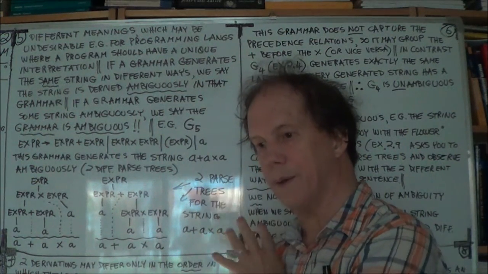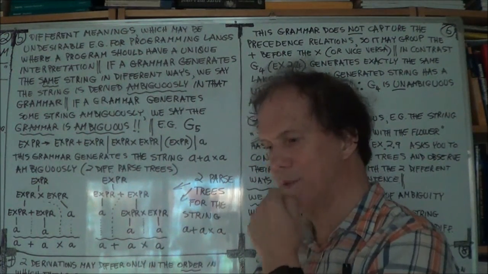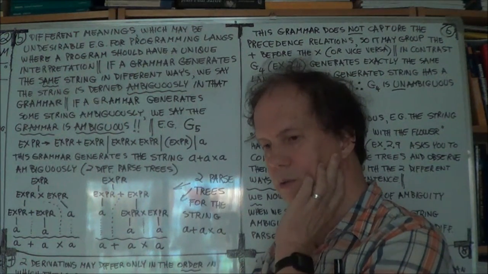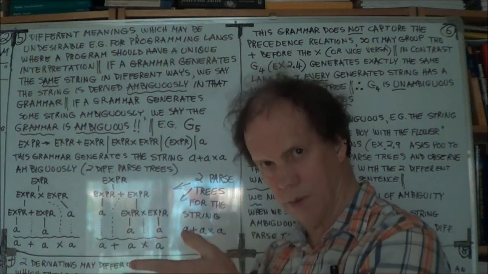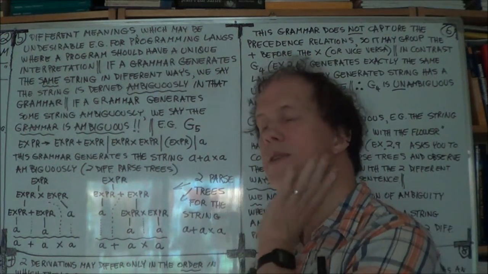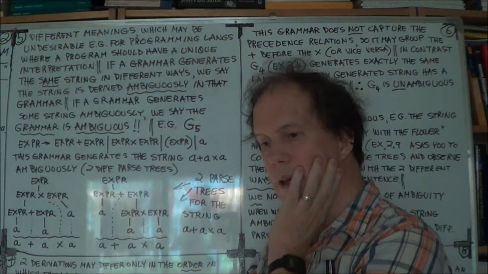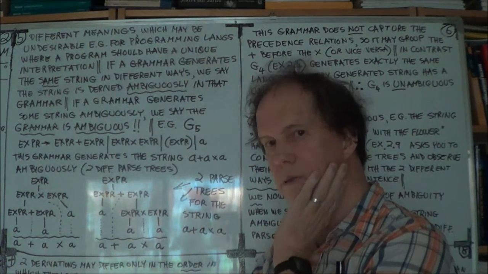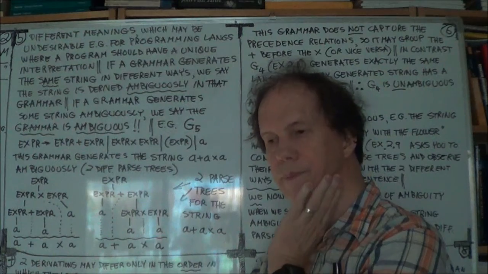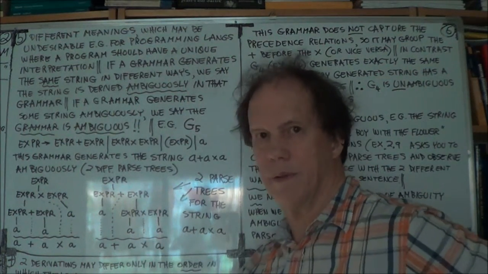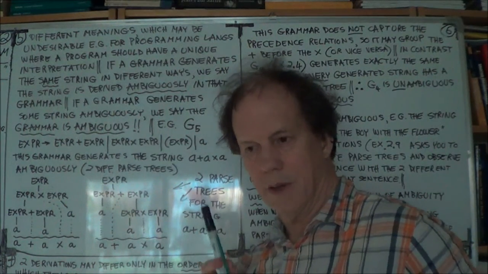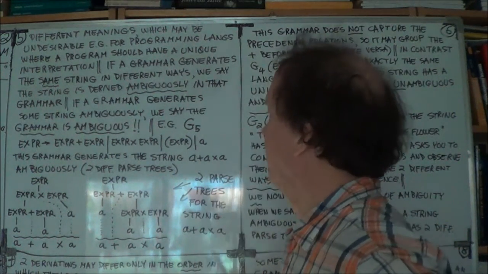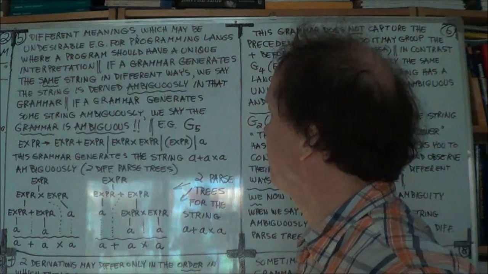So if the situation of ambiguity arises, in other words, same string, two parse trees, and that ambiguity is generated by a grammar, that grammar is said to be ambiguous. So you can have an ambiguous grammar, right? Now let's do an example.